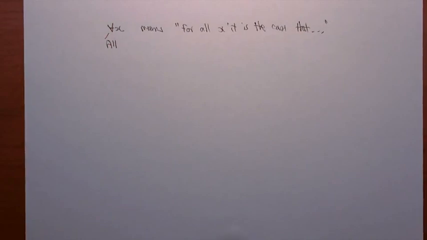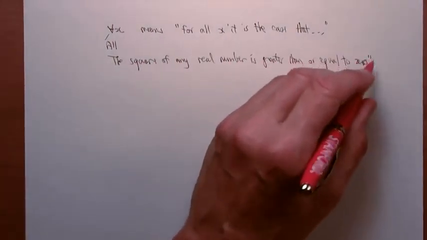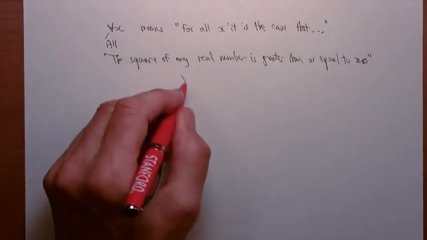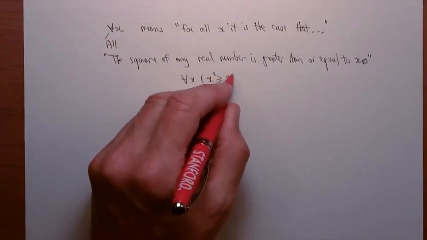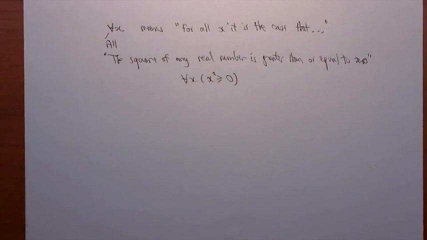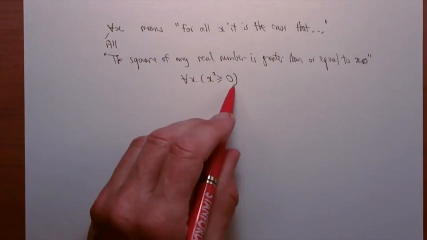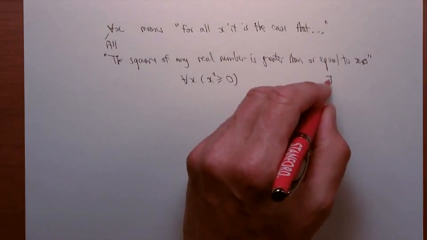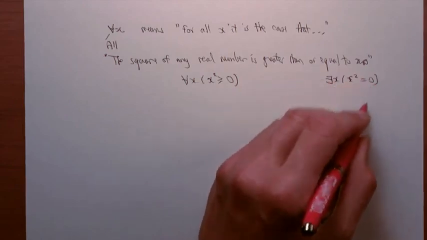For example, if I wanted to say the square of any real number is greater than or equal to 0, I could write it like this: for all x, x squared greater than or equal to 0. Just as we would write things like there exists an x such that x squared equals 0.